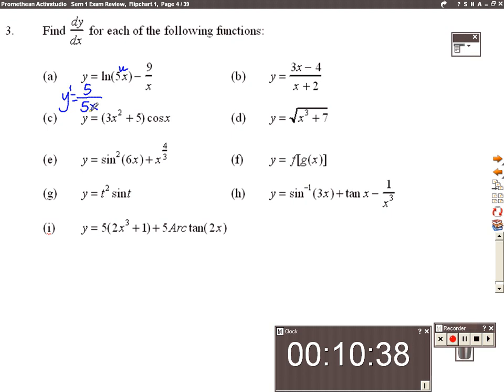Now, be careful with 9 over x. Your first reaction might be to write it as 9x to the negative 1, but if you try to find the derivative, oh yeah, we are finding derivatives, not antiderivatives. Alright, so when we rewrite this as 9x to the negative 1, by the power rule, we'll get negative 9x, decrease the power to the negative 2, and we can rewrite our answer to be 1 over x plus 9 over x squared.